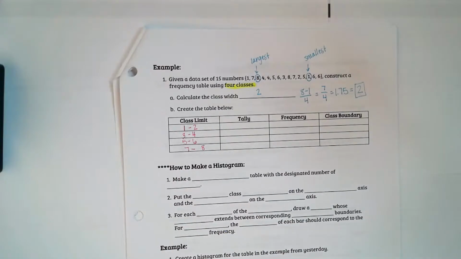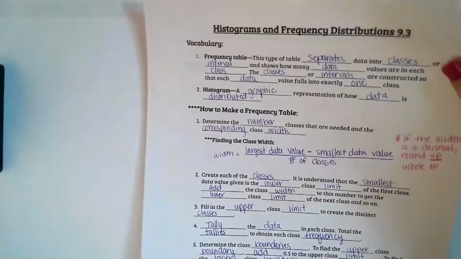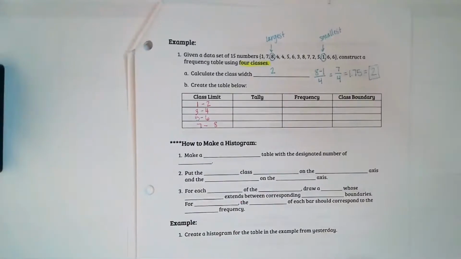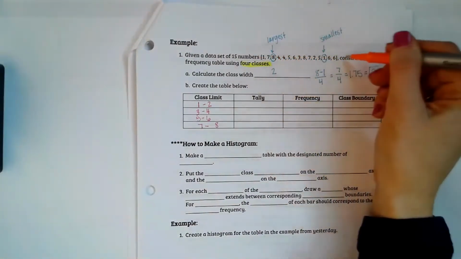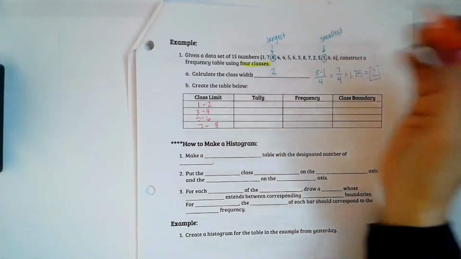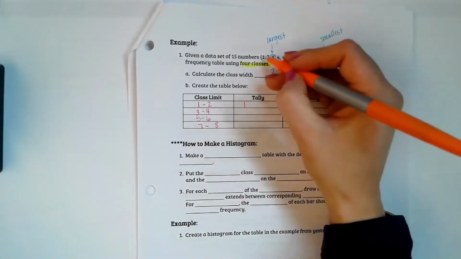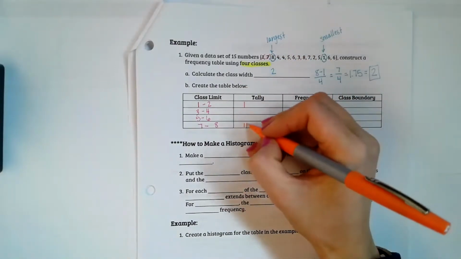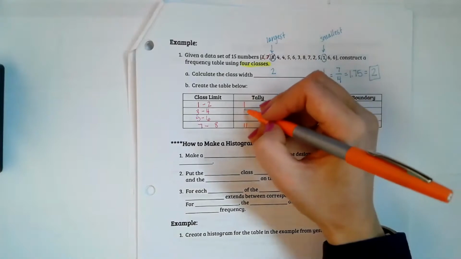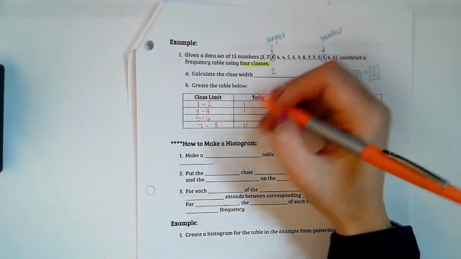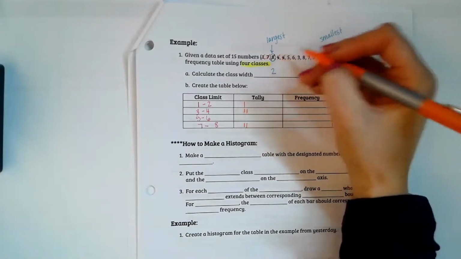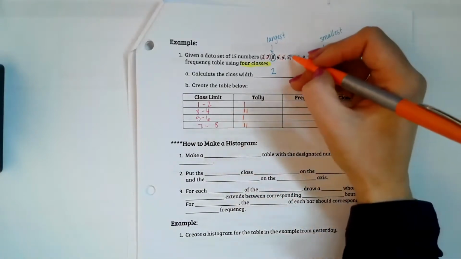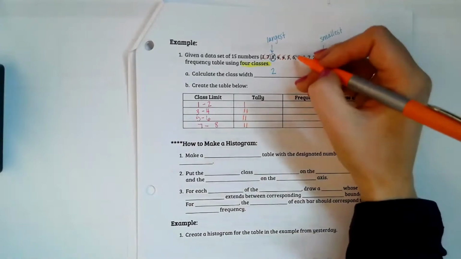Okay, now we're going to tally all the data. You're just going to look at all your data and put it where it would fall within your class limits. So we have a 1, so that's going to go here. 7 is here, along with 8. Then your 4. So you have 2 4s. A 5. And the 6.